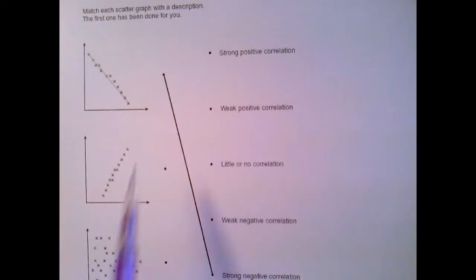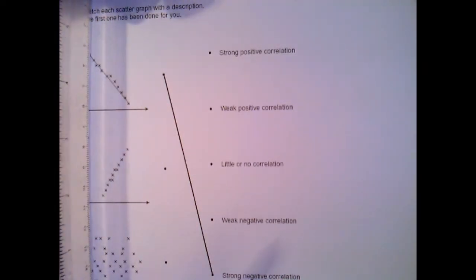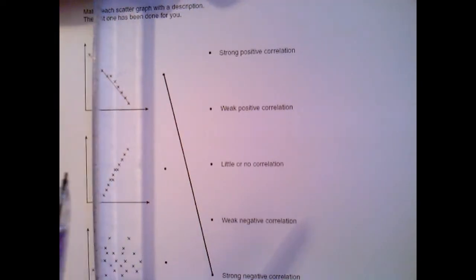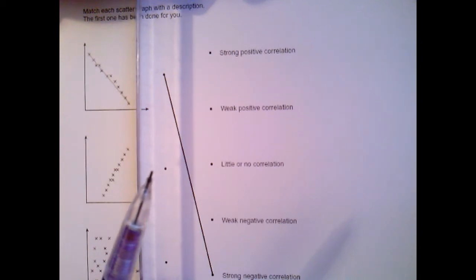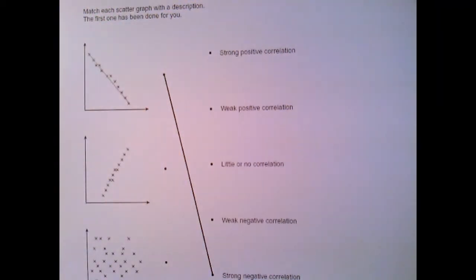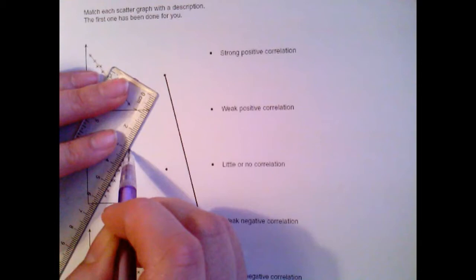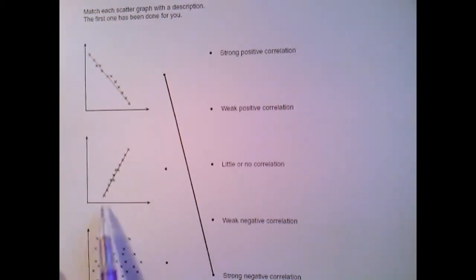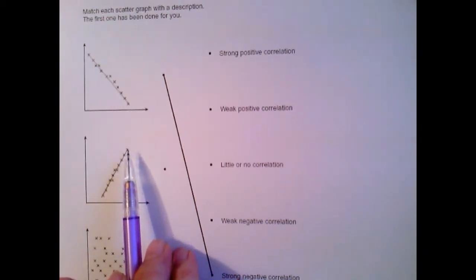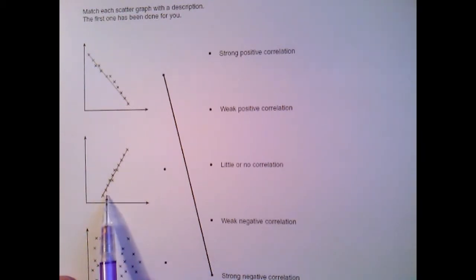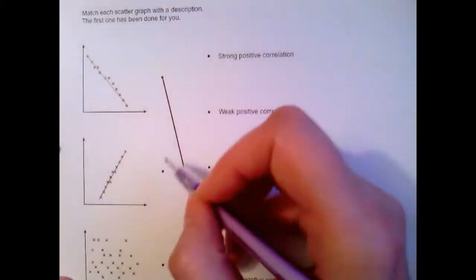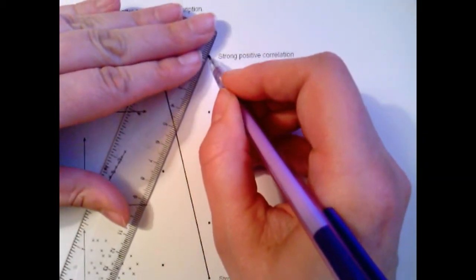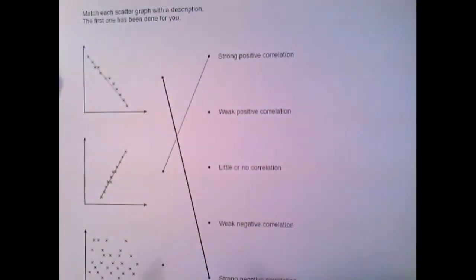And also because it's going down as you go across from left to right, that's negative correlation. This next graph, if you were to draw in your best fit line, it's going up, which means it's positive. And again, all of the crosses there are very, very close to that line. So I would say that that is strong positive correlation.